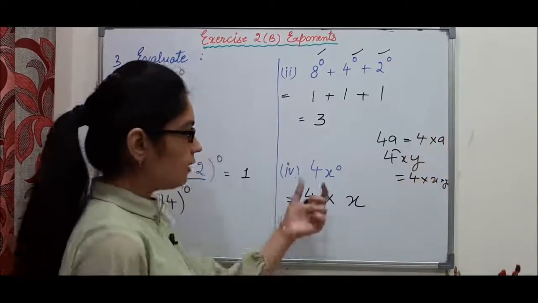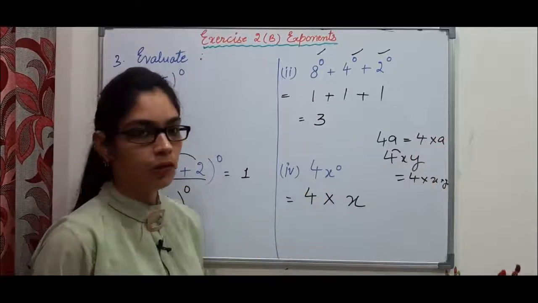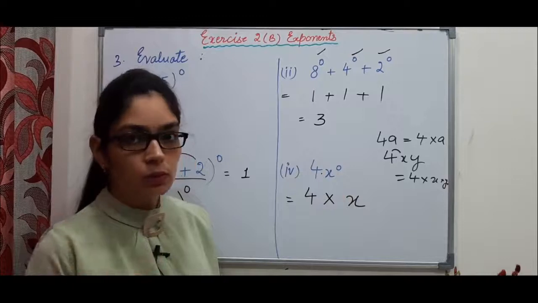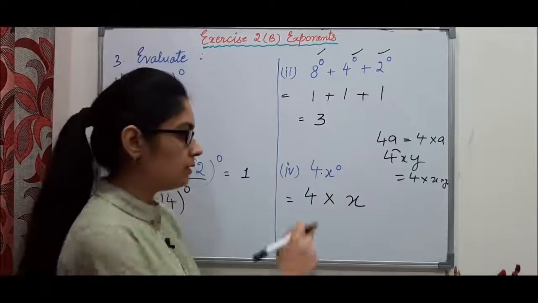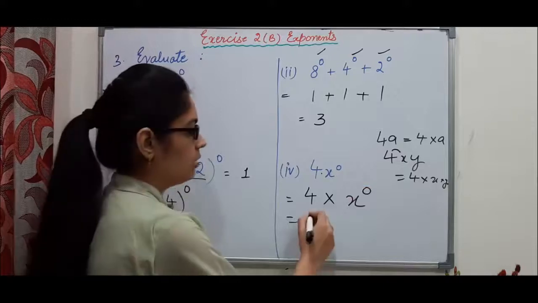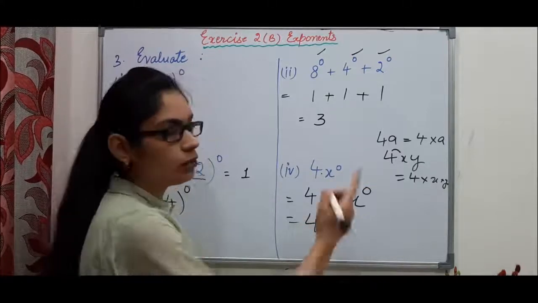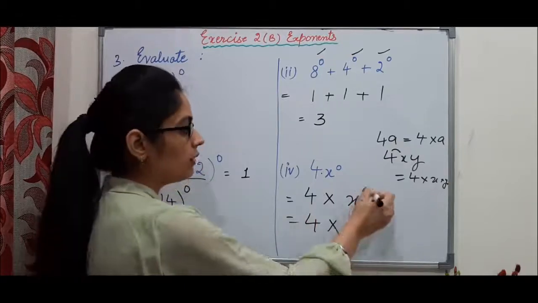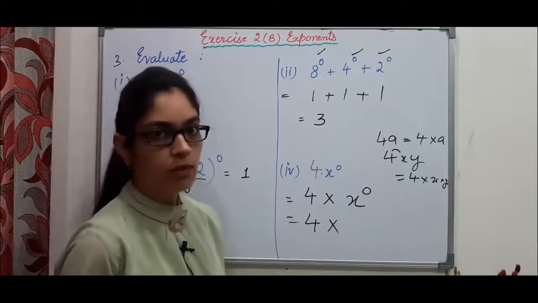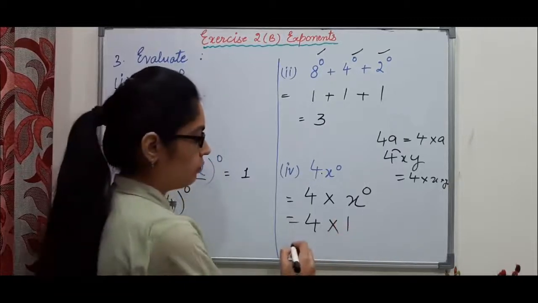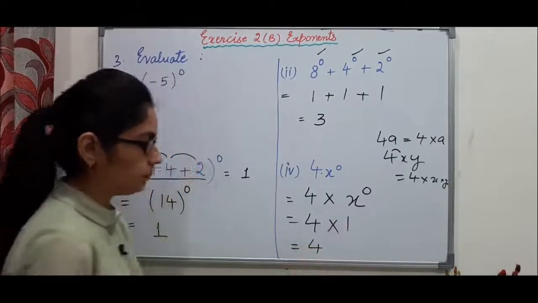Same way here, 4 is written along with this alphabet without any sign. When there is no sign, that means they are getting multiplied. 4 into x to the power 0. I have already told you, if the power of any number is 0, it is equal to 1. So 4 into 1 is 4.